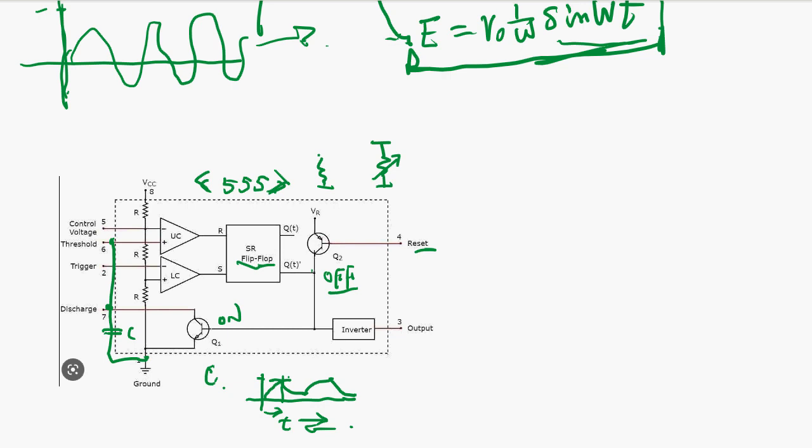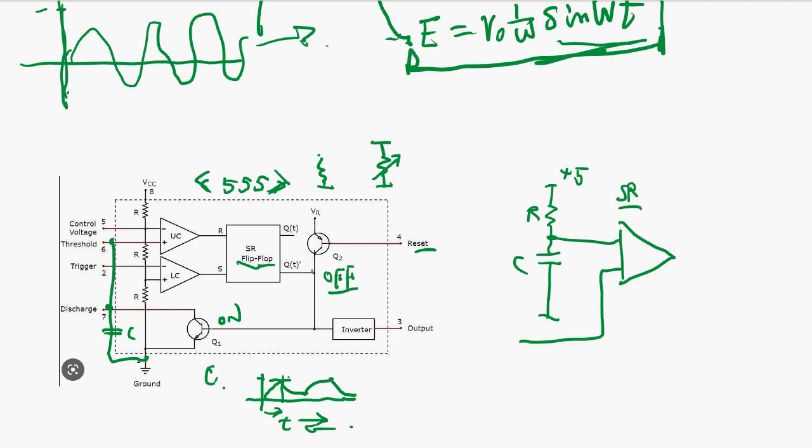To understand this timer circuit, a simplified version is that you have the resistor and the capacitor, and you charge up the capacitor. So this voltage goes to a comparator, an SR flip-flop. It's basically a comparator, comparing against this V reference.